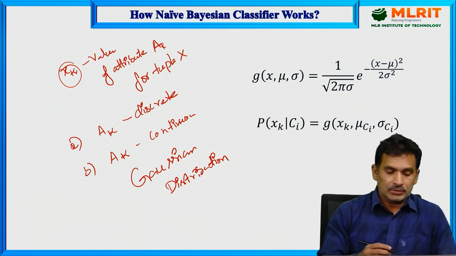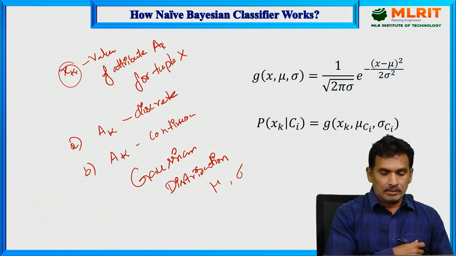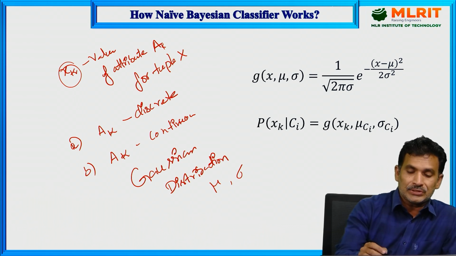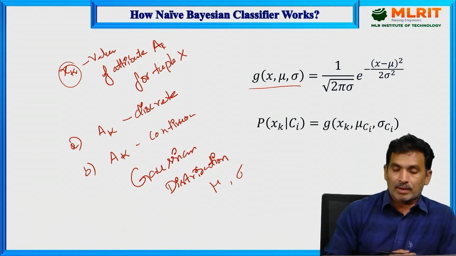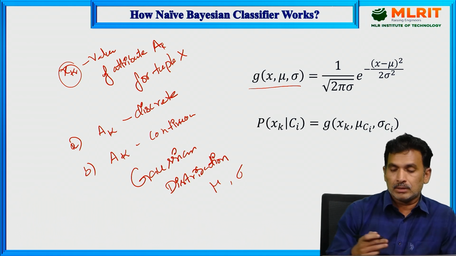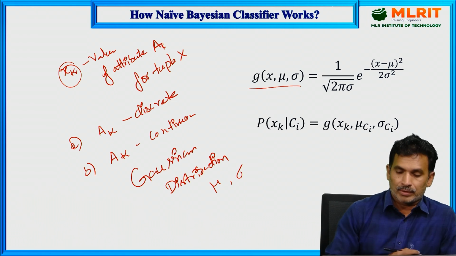So Gaussian distribution with the mean mu and the standard deviation sigma could be defined as g of x, mu, sigma, equal to 1 by square root of 2 pi sigma, e to the power of minus (x minus mu) whole square by 2 sigma square.